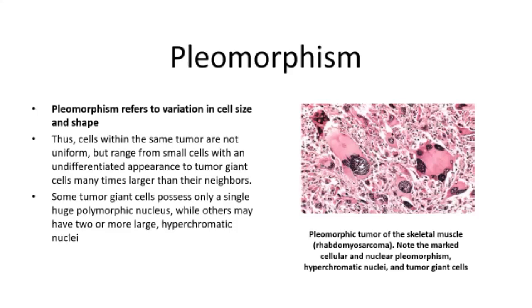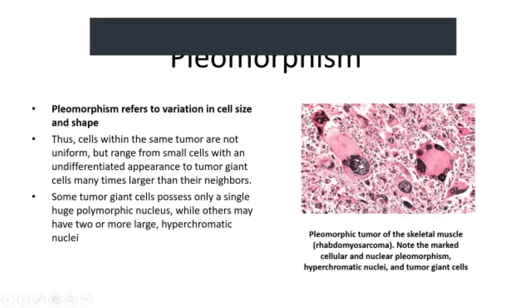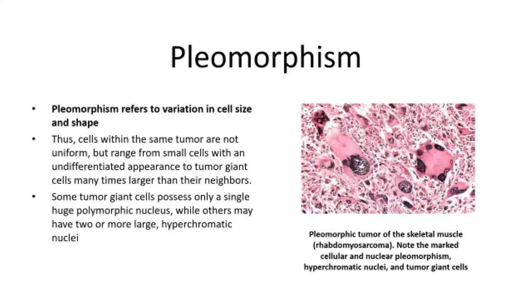If you see here, these are the normal cells, and these are the abnormal cells that are present. Sometimes there are two different kinds of cells also. This is a slide of rhabdomyosarcoma, and there is marked nuclear pleomorphism, hyperchromatic nuclei, and tumor giant cells. So pleomorphism is one of the characteristics that differentiate malignant from benign tumors.